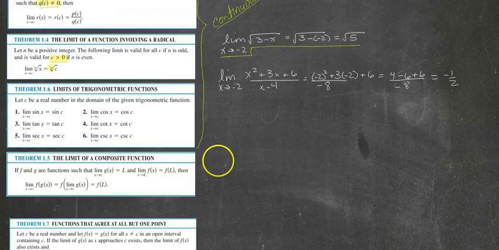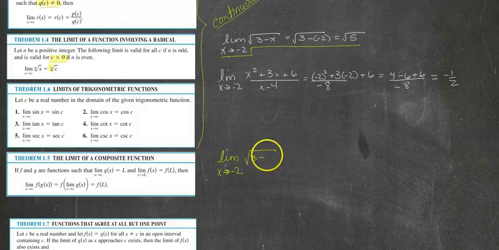So let's write this down again. The limit as x approaches -2 of the square root of 3 minus x. And since we know we're good to go, we've already done all of our cautions and everything, let's see what happens here. This tells us that we can take the square root, right? That's the outside function.